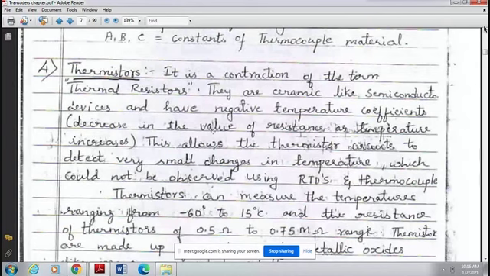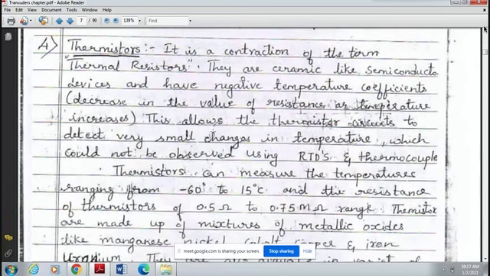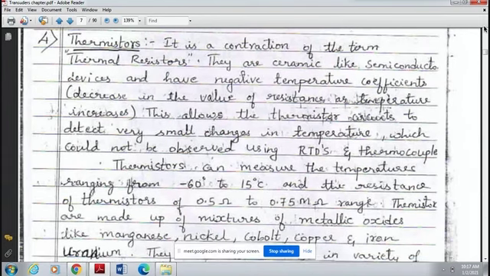An inversely proportional principle works there: as the resistance decreases, the temperature increases. So this allows thermistor circuits to detect very small changes in temperature, which could not be observed using resistance temperature detectors and thermocouples.